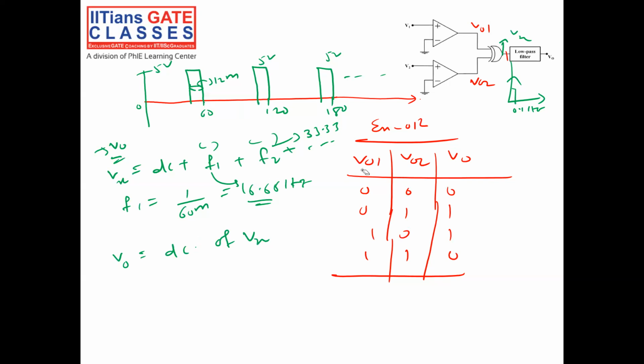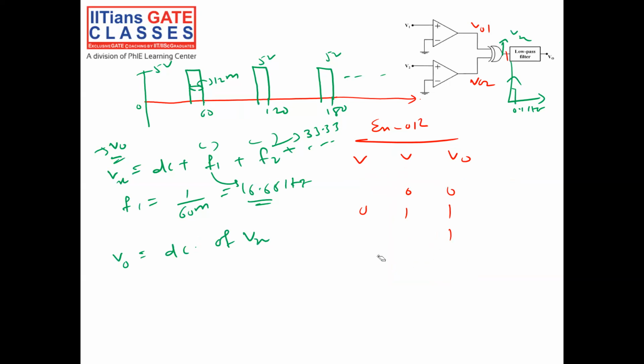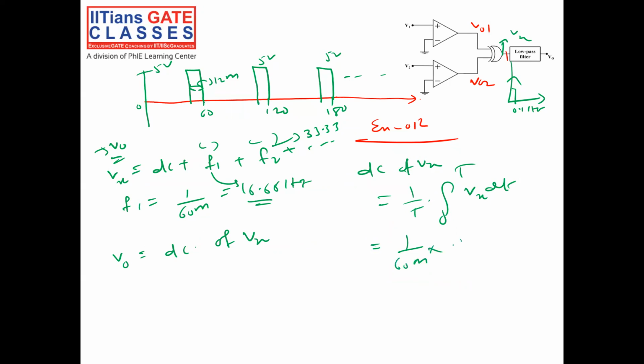What is the DC of Vx? We know DC of Vx is equal to 1 by time period into the integral from 0 to T of Vx dt. So 1 by time period is 1 by 60 millisecond, into the integral from 0 to T. In 0 to T, only from 48 to 60 milliseconds I have the signal of 5 volt into dt.